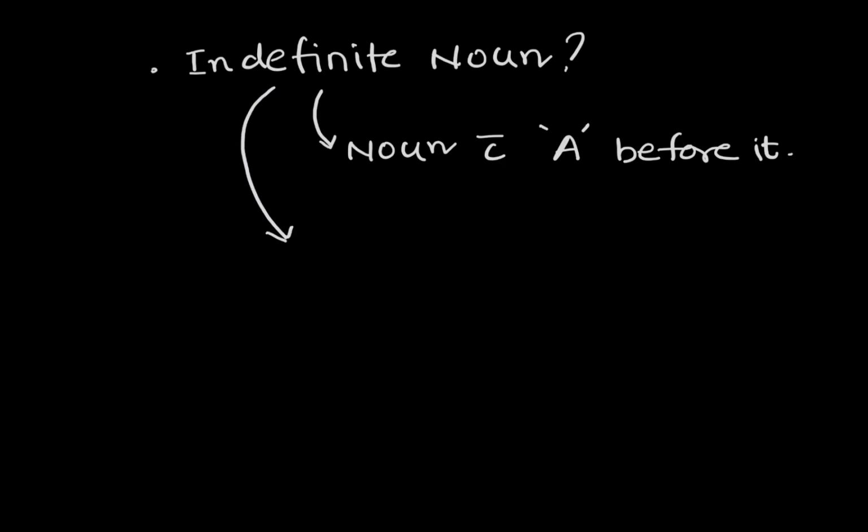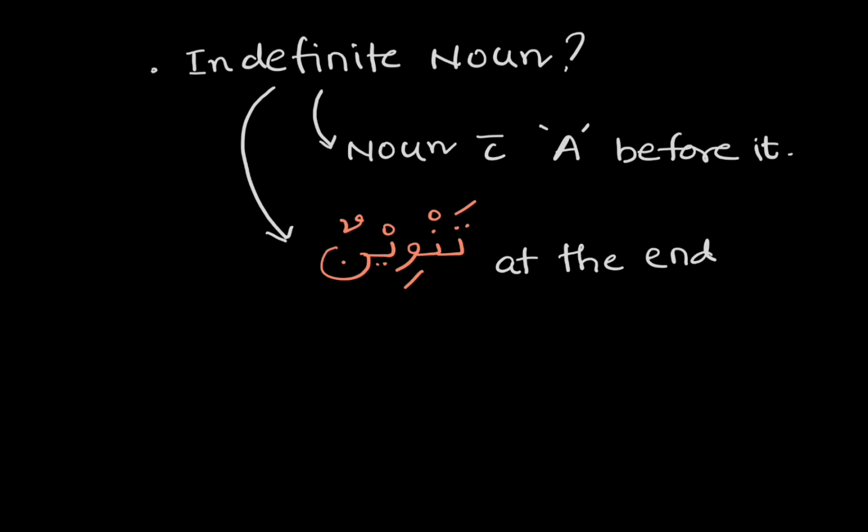The indefinite nouns are identified by tanween at the end. That is, if you see tanween at the end of the word, then such nouns are known as indefinite nouns.